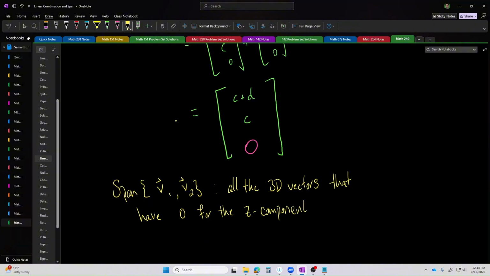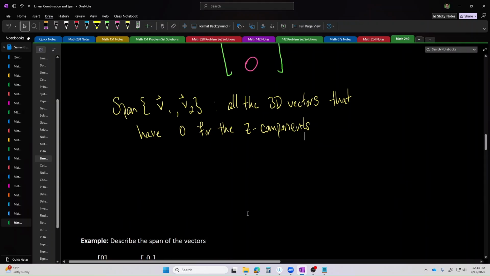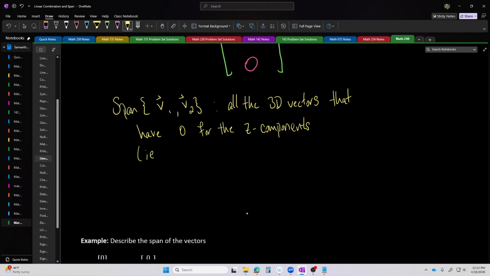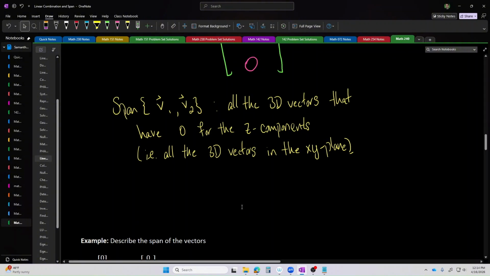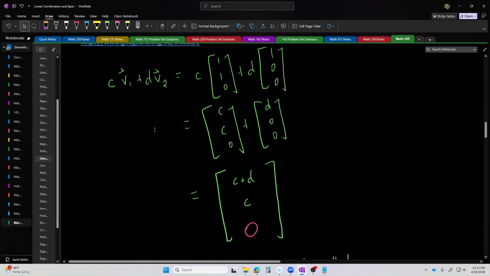In other words, all the three-dimensional vectors that lie flat in the xy plane. That would be the span of the two vectors in this problem, because that is the shape and the format and the nature of all the vectors that can be produced by combining these vectors in this way.